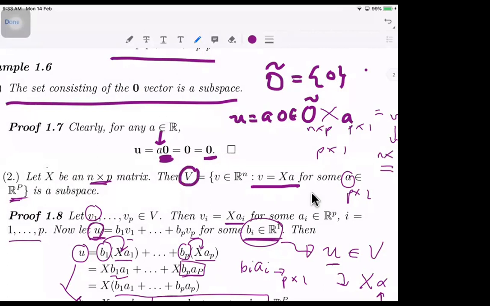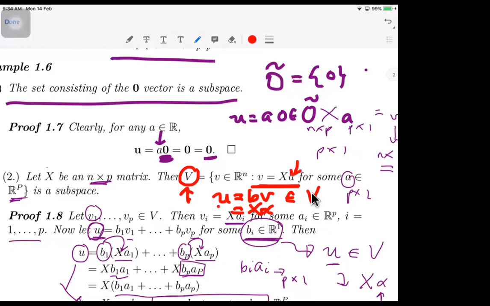So if we let that be your V there, and this space here contains vectors of this form, any linear combination of, say, U, which is a linear combination of V, you can show that it is still an element of V. You can show it to be equal to X alpha for some alpha, which is a linear combination of a constant B and a vector a.